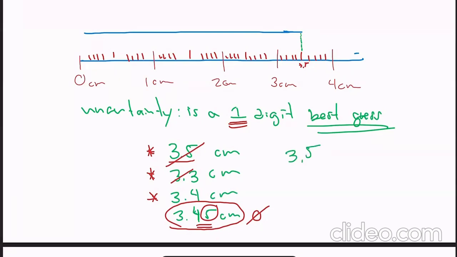But even though it's on that line, I still need to make my best guess. And my best guess is simply going to be 0. You could also write that as 3.51, 3.49 if you want to try that. But all are acceptable answers, as our measurements are done on the accuracy here.